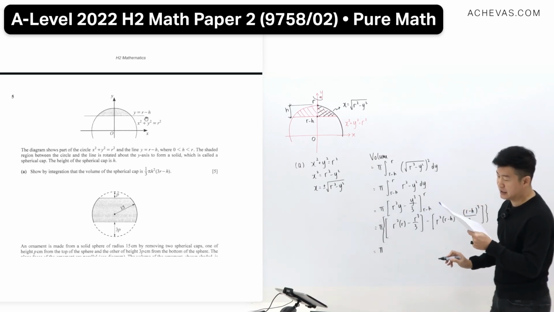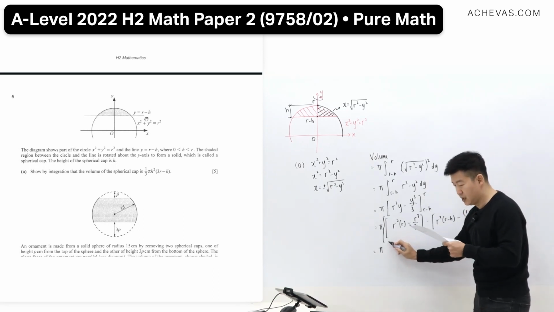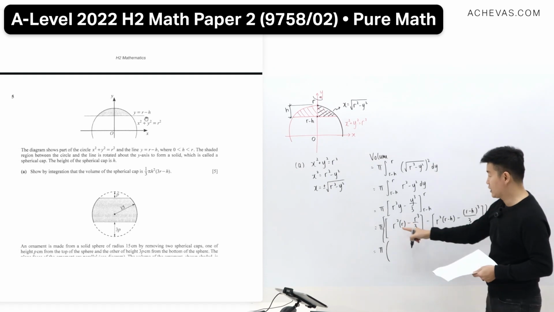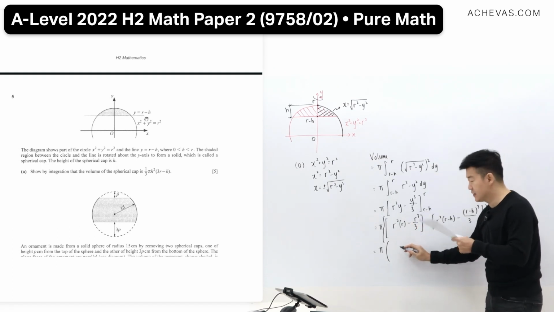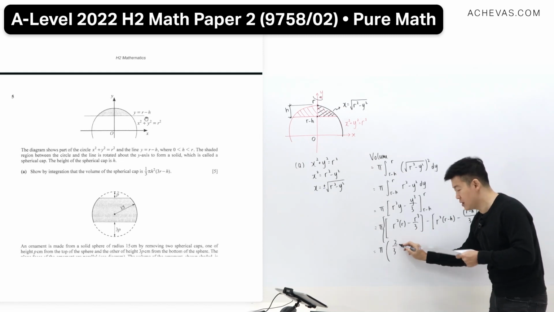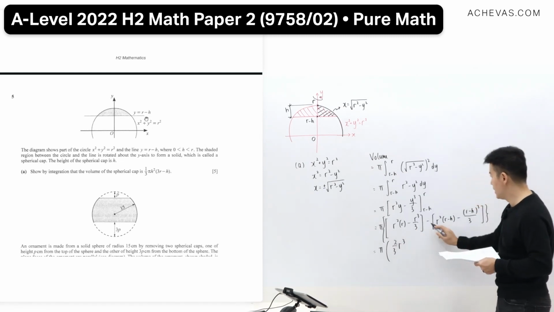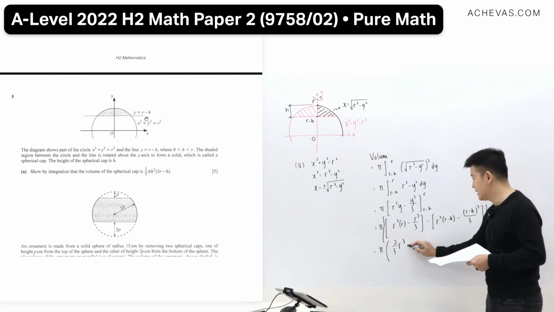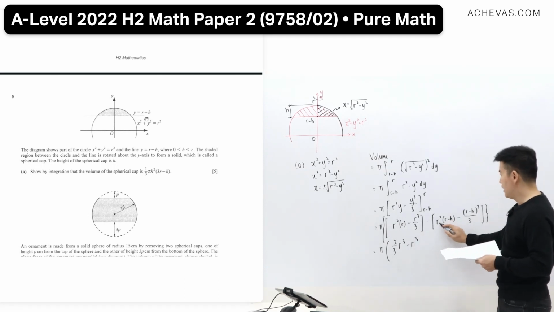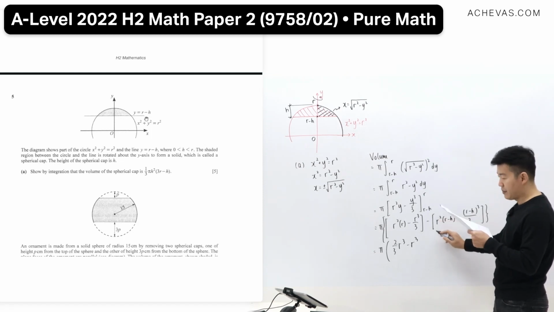Okay, we have this, which is going to be pi. Let me try to do a little bit of evaluation over here. So this is going to be r to the power 3 minus 1 over 3 r to the power 3. This gives us 2 over 3 r to the power of 3. Then if I were to expand this, r to the power of 3 minus r to the power of 3, this is going to be r squared h with a minus here.